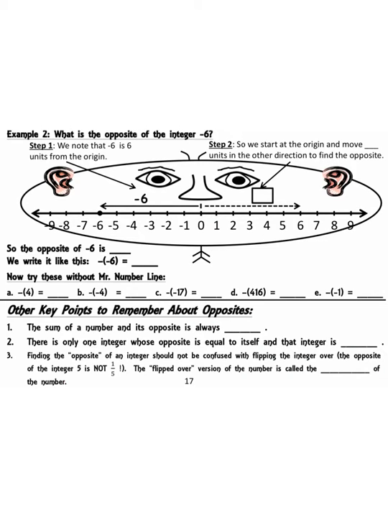Let's do another example. It says, what is the opposite of the integer negative 6? Step 1, we note that negative 6 is 6 units to the left of the origin, right there at negative 6. Step 2, we can start at the origin and go 6 places to the opposite side, or to the right, which is going to land us right here at 6.